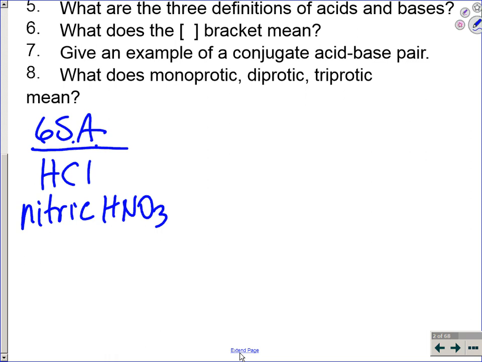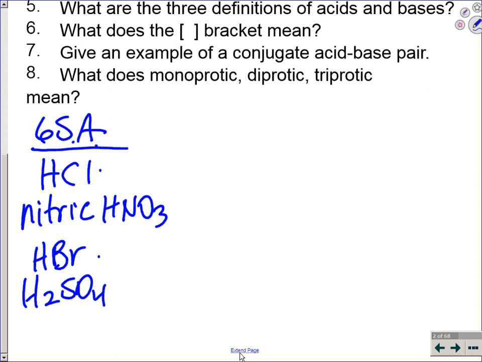Kern? HBr, tell me the name of that. I'll come right back to you. Cole? Sulfuric acid, give me the formula for that. H2SO4. You guys are practicing nomenclature. Hydrobromic, right. Hydrochloric, hydrobromic. Those are some binary ones so far.